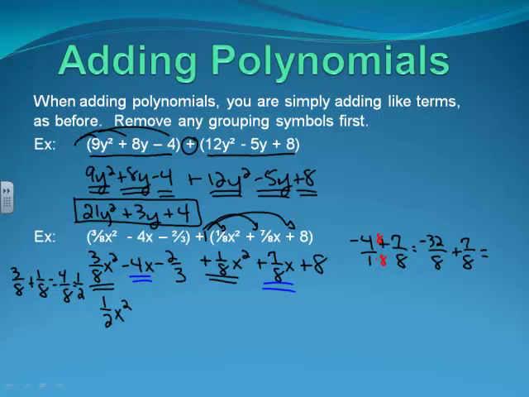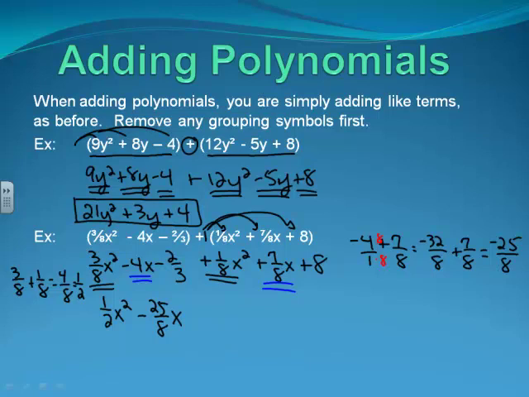Negative 32 plus 7 is negative 25, and that's negative 25/8, or minus 25/8, and those are your x-like terms.